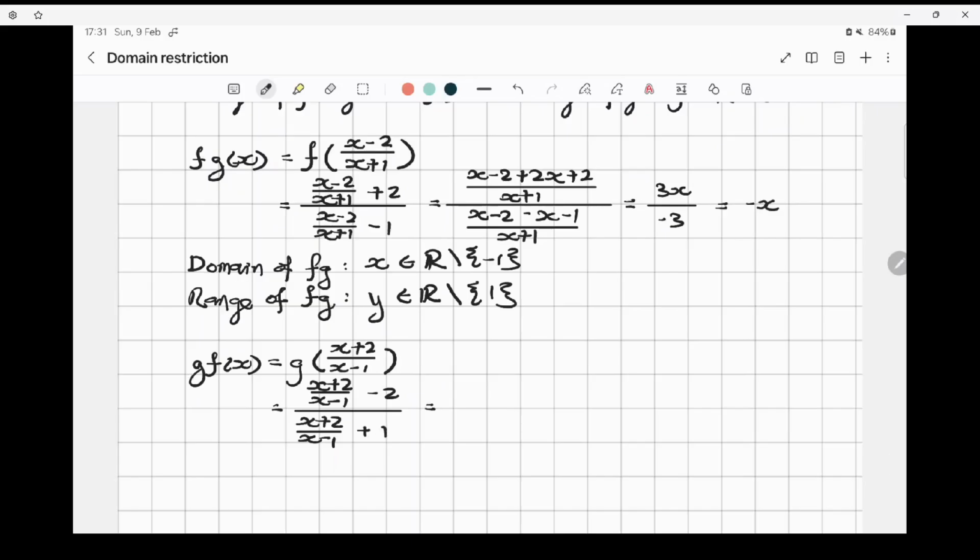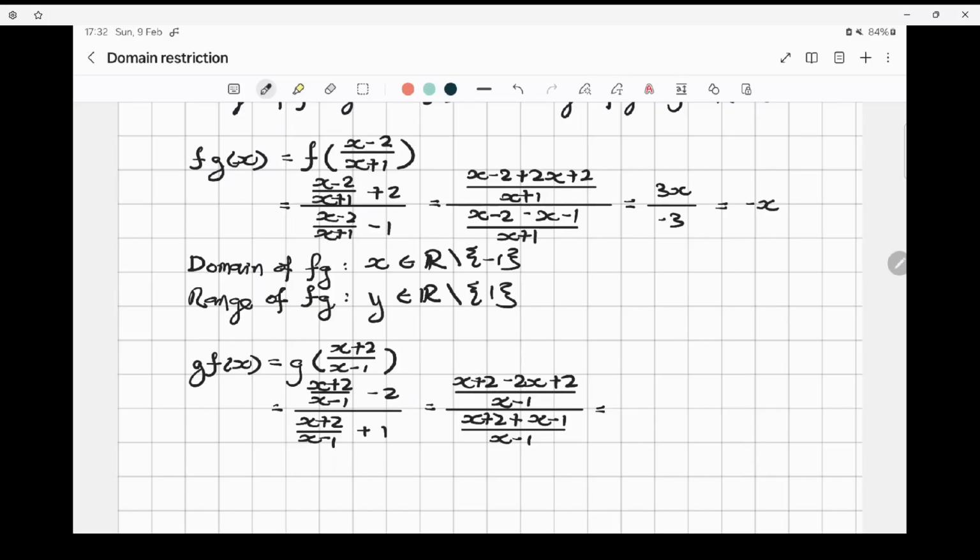So I do the same thing, x plus 2, the whole thing multiply with minus 2, minus 2x plus 2, divide by x minus 1, and then the whole thing will be x plus 2 plus x minus 1 divided by x minus 1.